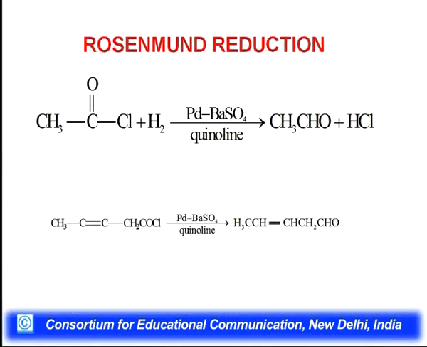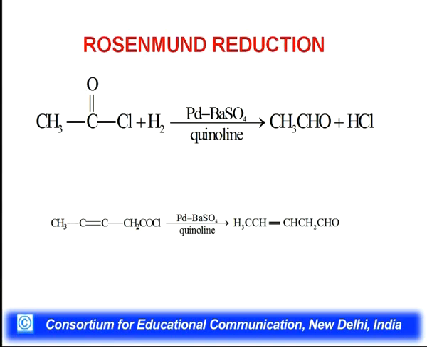So when we do the reduction in presence of palladium poisoned by BaSO4, in the reactant we find it is an acid chloride, and the Cl is being replaced by hydrogen in the aldehyde.